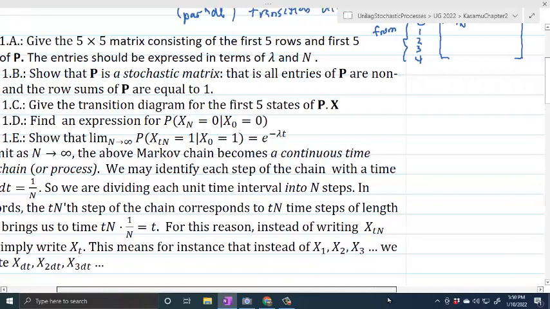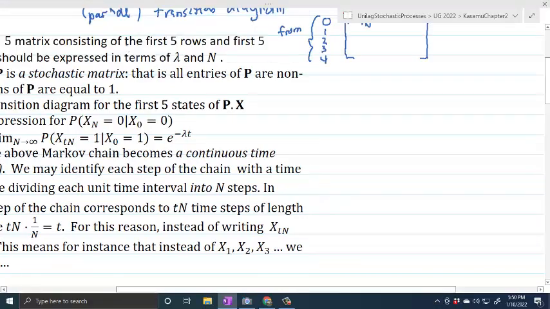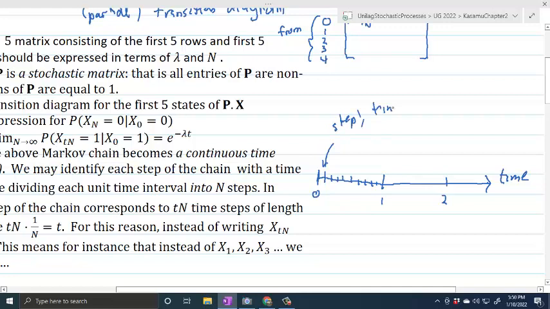Let me show you that over here. I have my time axis like this, and here's time 1, time 2. Before, we had the steps of the Markov chain 0, 1, 2, 3, 4, 5. Now I assign these steps to these small time intervals. This is step 1, and its time is dt.